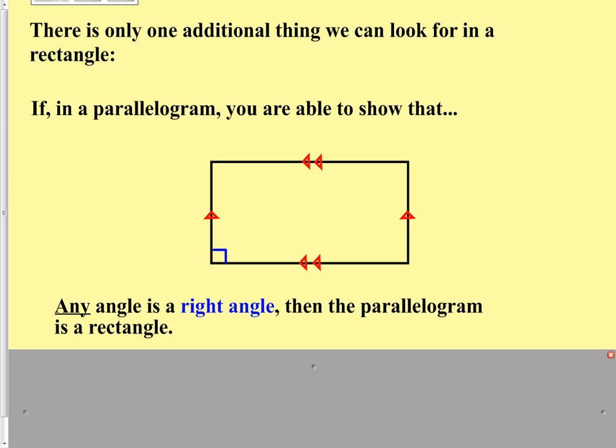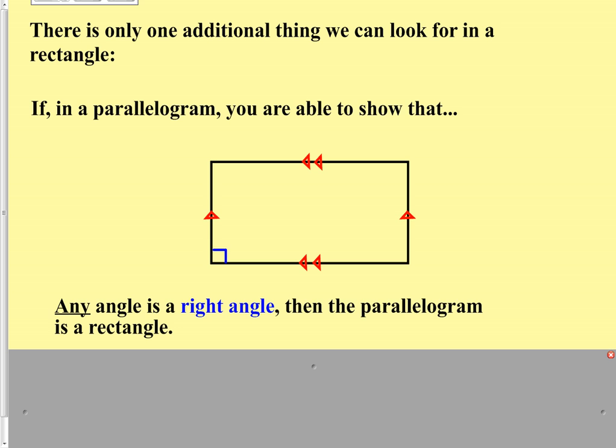If you can find any one interior angle that is a right angle, then that parallelogram is actually a rectangle. Now in a rectangle, we know that all of the angles are going to be right angles, but this is saying if you can find just one of the angles being a right angle, that's going to make it a rectangle. Press pause if you need more time.